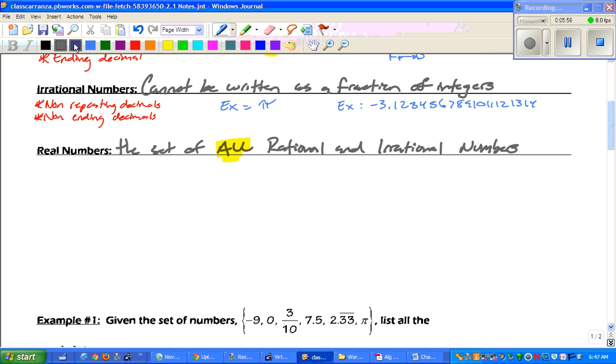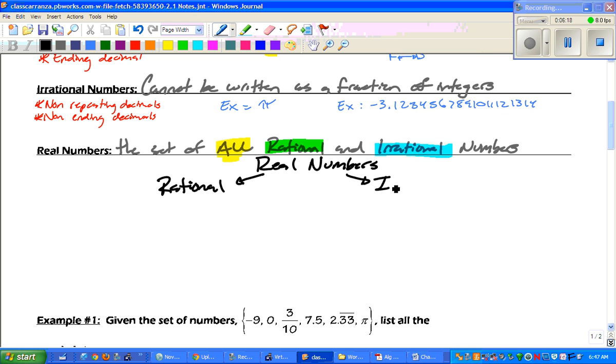So to help you figure this out, we're going to make a little chart right here. At the top, we have real numbers because all numbers are real numbers. Real numbers can be two different things. They can either be a rational number or they can be an irrational number.